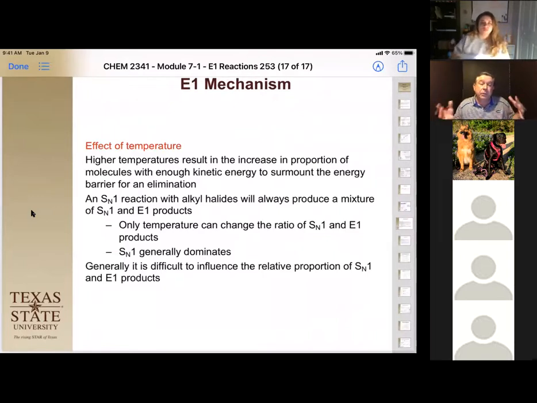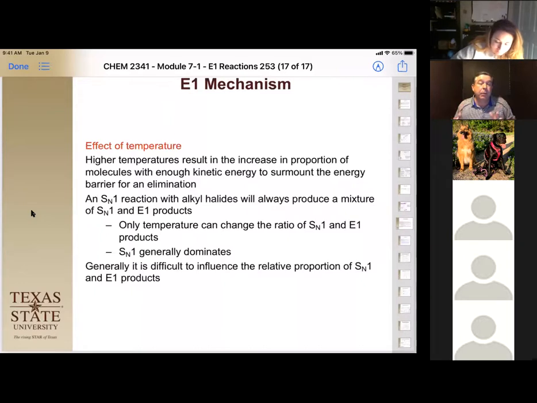Higher temperatures result in more collisions and more energy, and therefore you can go through either barrier because you have enough material. The Sn1 reaction will always produce a little bit of elimination products, okay? But if you heat the reaction, you can favor the elimination. So the temperature will change the ratio a bit.